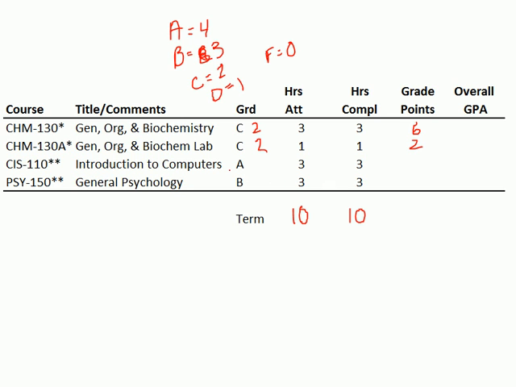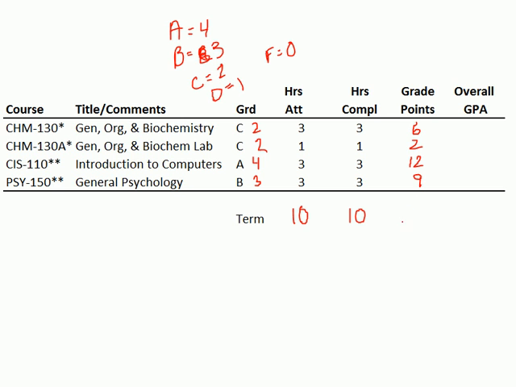Here he's got an A, so that's going to be equated to a 4. 4 times the 3 completed hours is going to give him or her a 12 for grade points. And a B here is a 3. So 3 times 3 is going to give you 9 grade points.